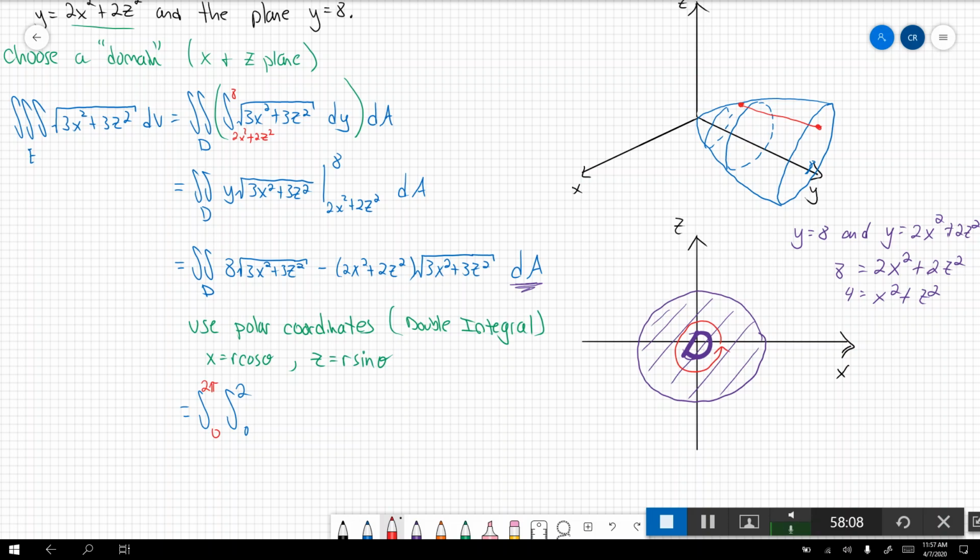All right, so again, these were angles, and these in here were radii. Now my function cannot stay the same, so I need to make my inserts here.